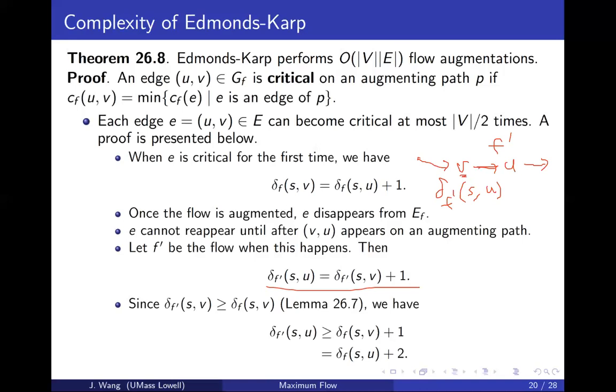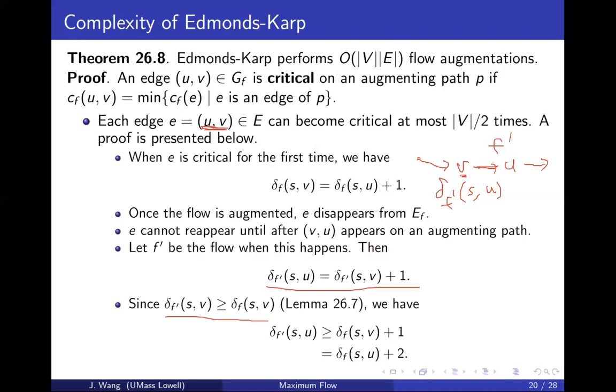Because F prime is after F, by the lemma we proved earlier, we have this. Now remember this V is an intermediate node, for the intermediate edge. So that's E. So delta F prime SV is greater than or equal to delta F SV.